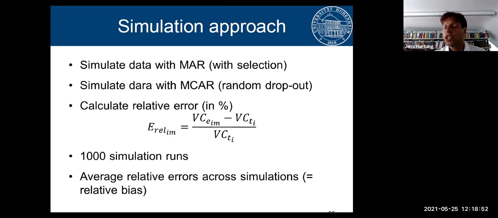If you do this for each simulation run and run 1,000 simulation runs, you can average across the relative errors. And the average relative error, this is what we call the relative bias. And as it is a difference, it could be negative if the variance component is on average estimated too small, and it is positive if the variance component is estimated too large. So this is the main evaluation criterion we want to look at.